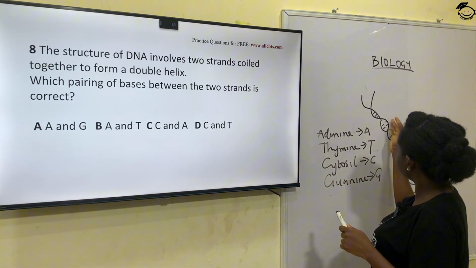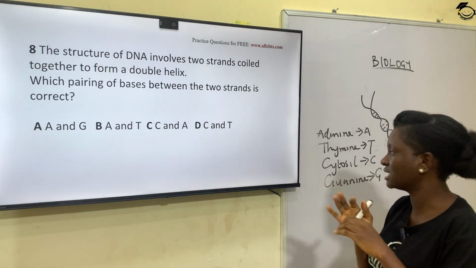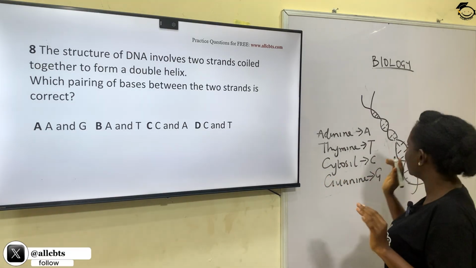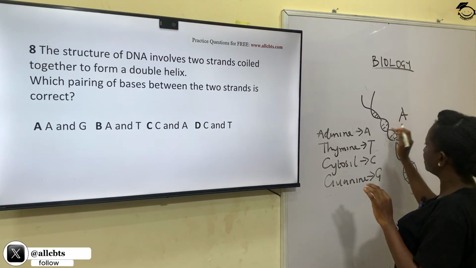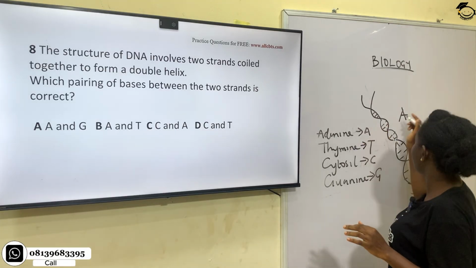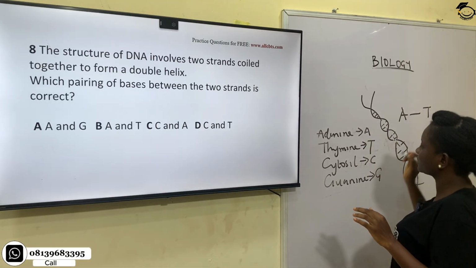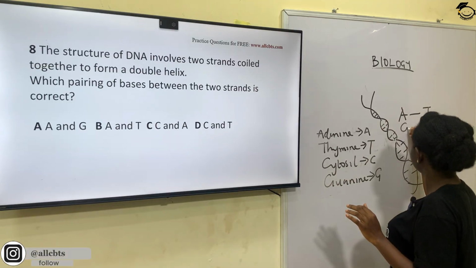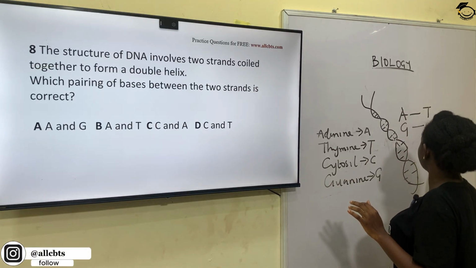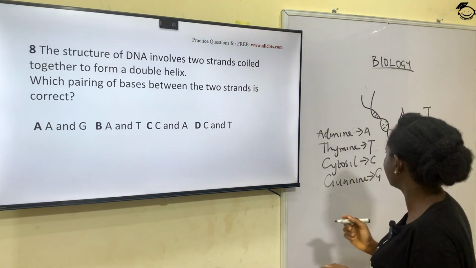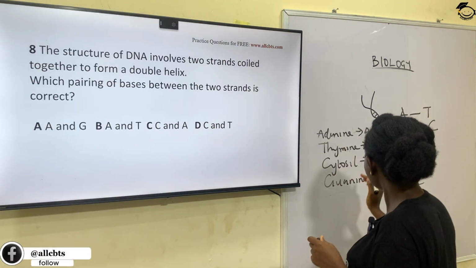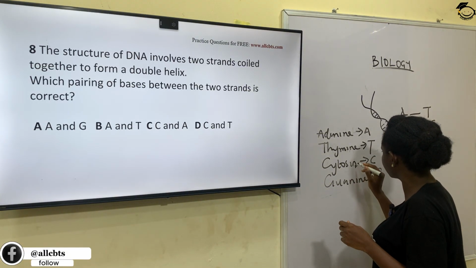So these bases here, they are paired. This is how they are paired. We have adenine, represented as A, pairs with thymine, and guanine, represented as G, pairs with cytosine. This is cytosine, sorry.